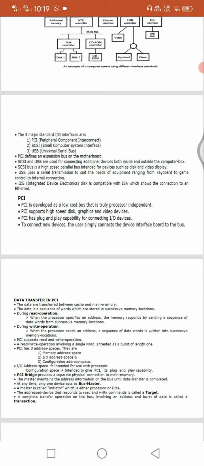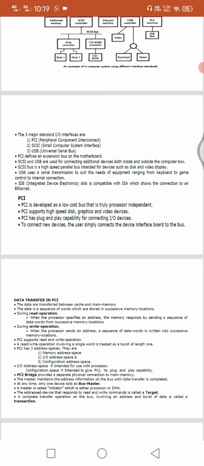You all know about USB. Understanding the USB concept makes it easy to understand PCI and SCSI. The use of USB is for extension.